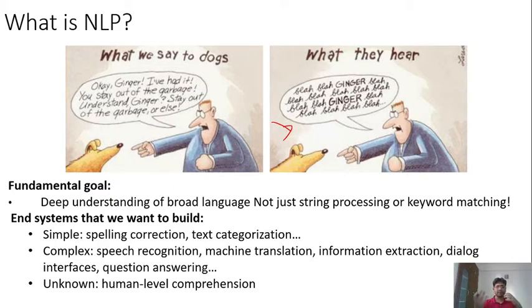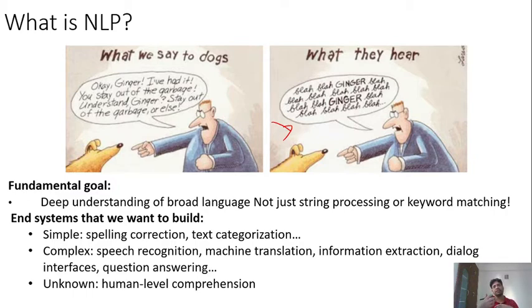Then machine translation, translating from one language to another, like Hindi to English, English to other languages, or Hindi to another language, an inter-language translation. Then information extraction or summarization: you have a bigger paragraph and you want to summarize it. For example, you want to make an app that gives the summary of the entire news. That is information extraction.